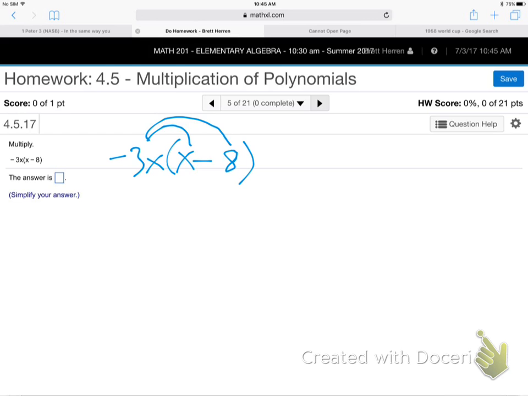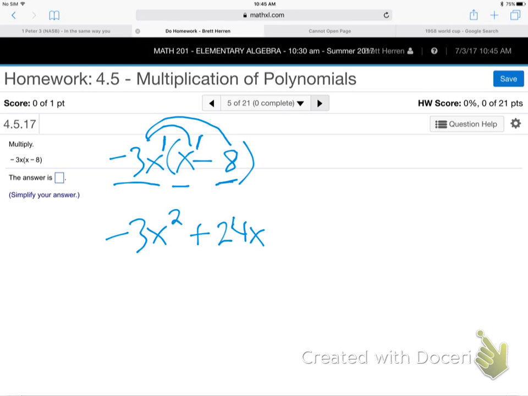So here we go. What are the powers? Invisible 1, huh? So what happens with minus 3x times the regular x first off? Minus 3x squared. Good so far. Plus, then minus 3x times minus 8, and 8 times negative?